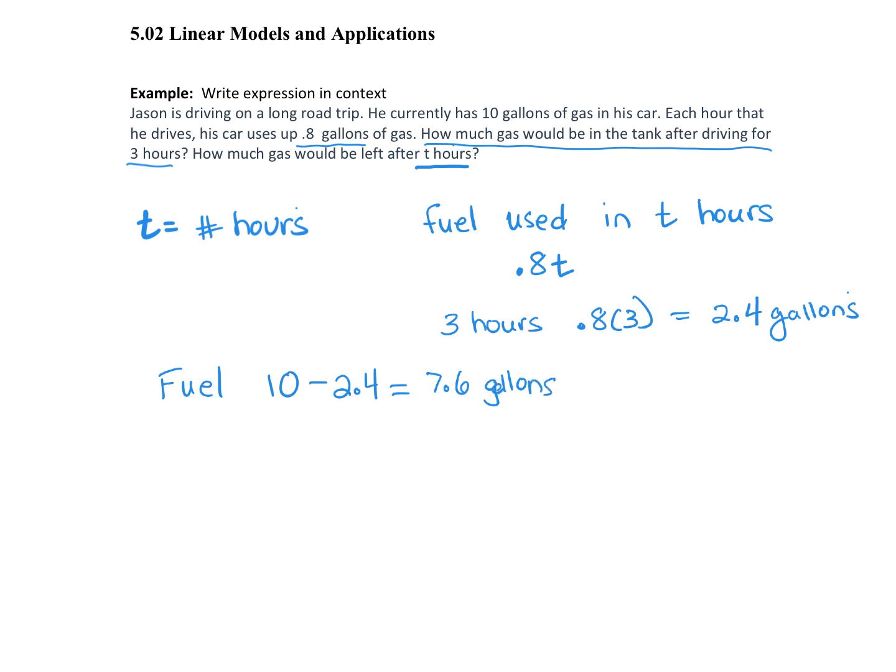If I'm going to do it for T hours, the fuel is going to be 10 minus 0.8 times T, where T is the number of hours. So this would be a more specific example. This is in general how much fuel would be left: 10 minus 0.8 T.